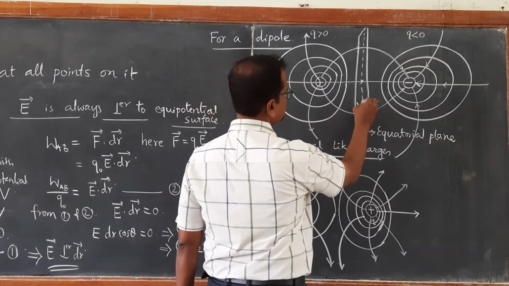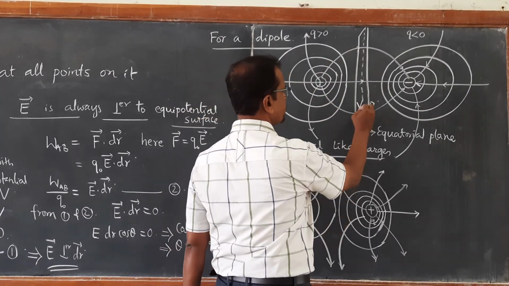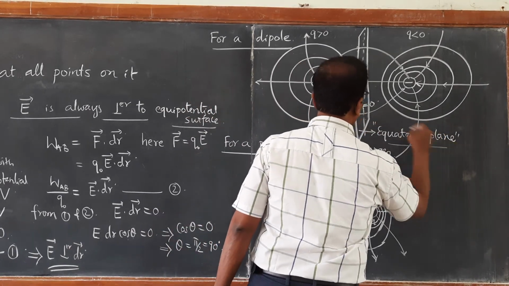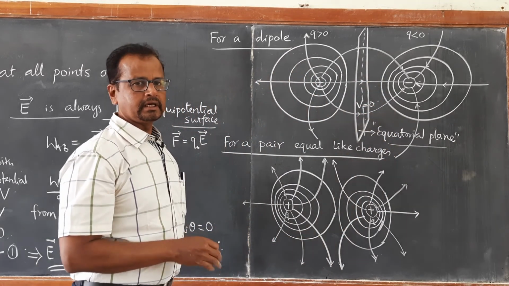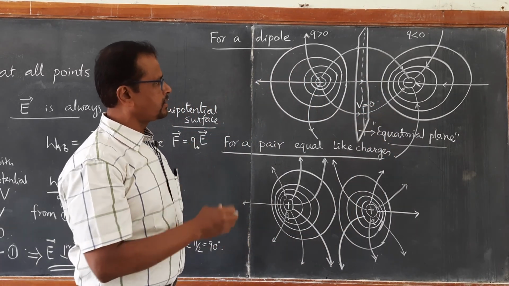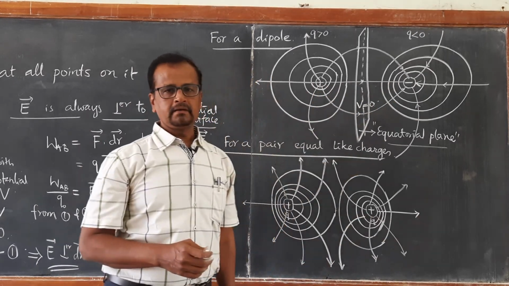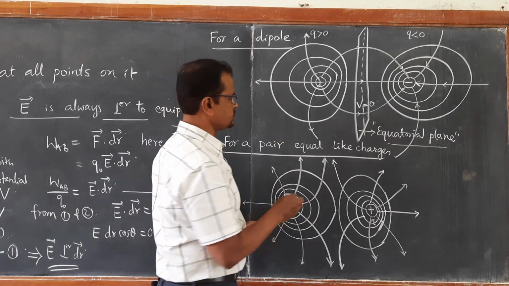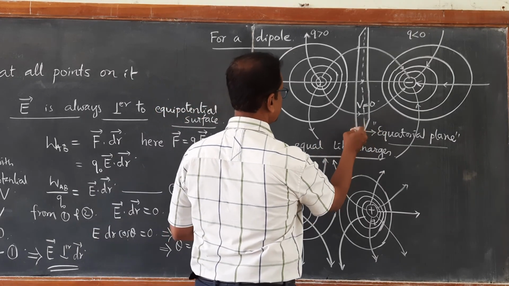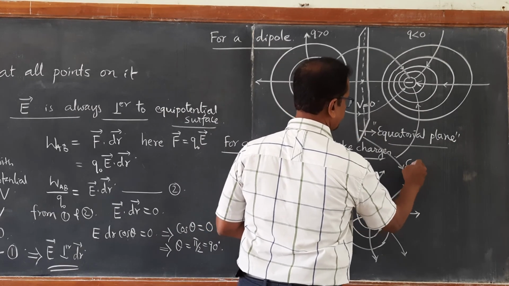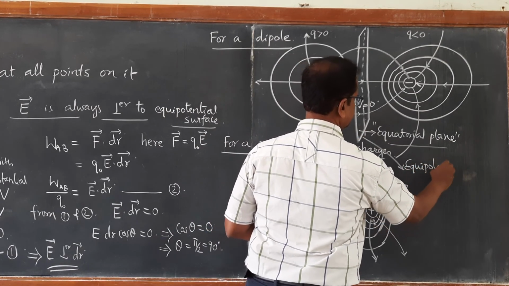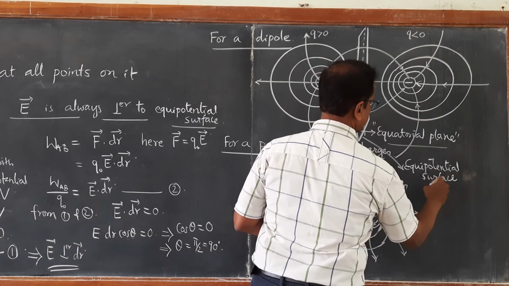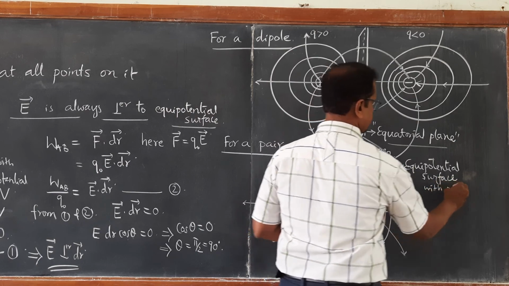So, at all the points the potential is taking the same value, that is 0 potential. Therefore, the equatorial plane passing through the midpoint, the perpendicular line bisecting the dipole, is an example of an equipotential surface with 0 potential.